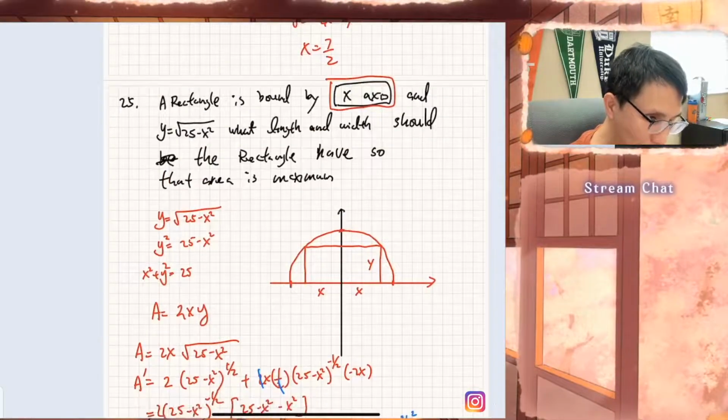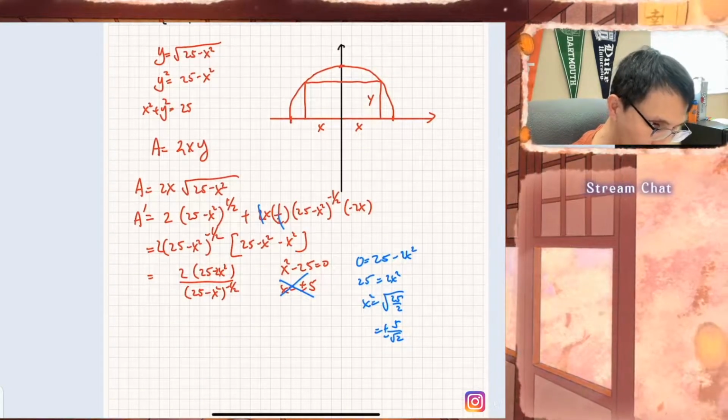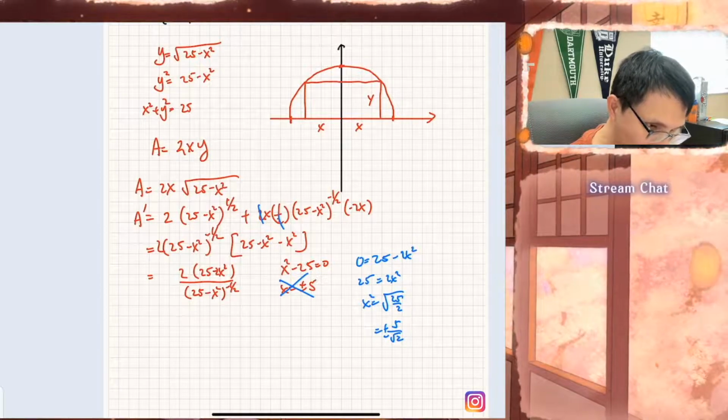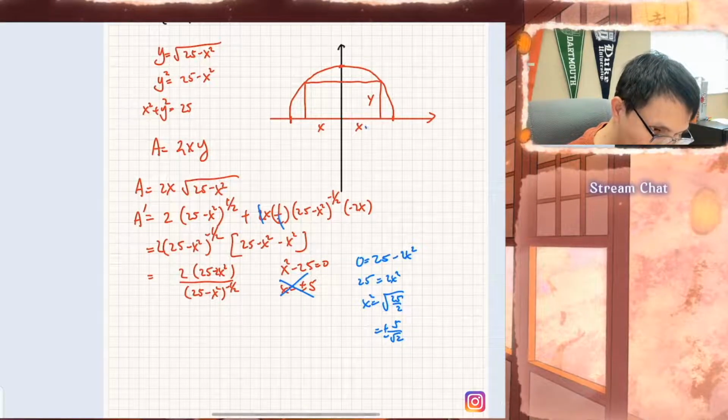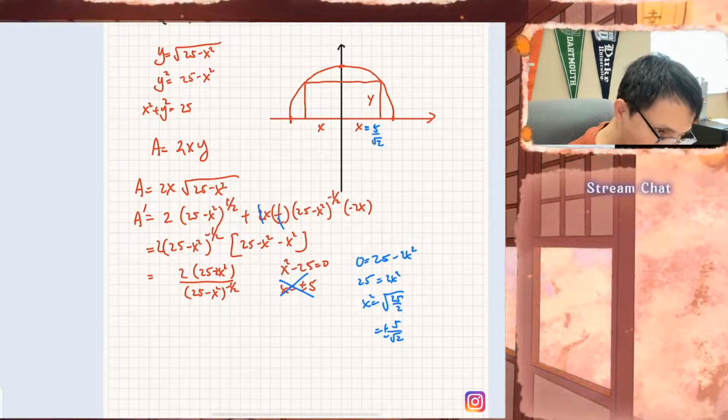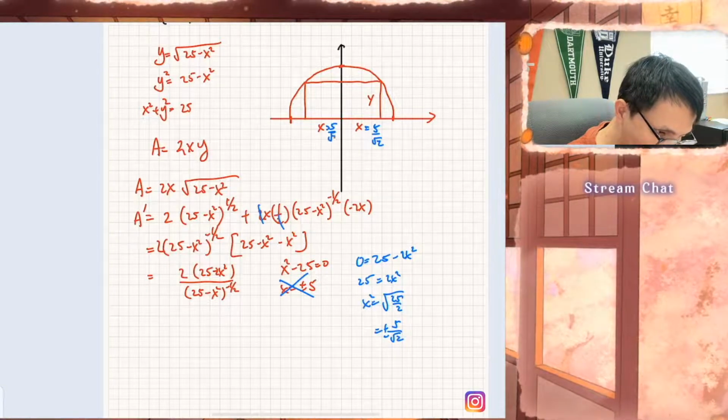So if I want to find out the length of the bottom, it is going to be 10 over square root 2, since this one is equal to 5 over square root 2, and this one is also 5 over square root 2.